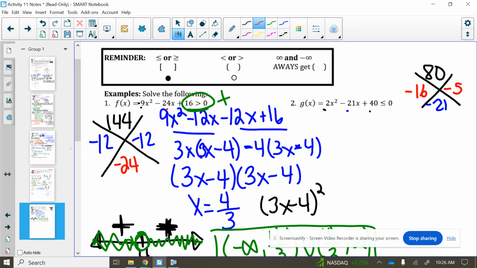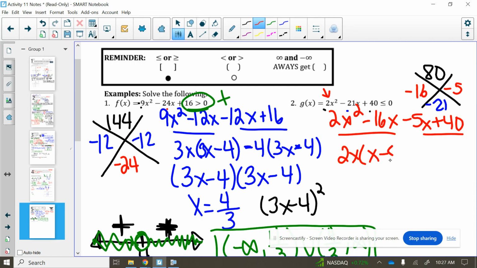That multiplies to be positive 80, adds to be negative 21. So we see again that we're going to have to break this apart because we have an a value other than 1. And when we group this time, we see that we could take out a 2x from the first group. We're left with x minus 8. Take out a negative 5 from the second group. Again, left with x minus 8.